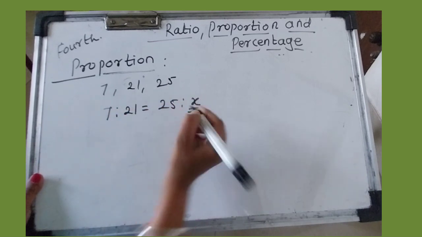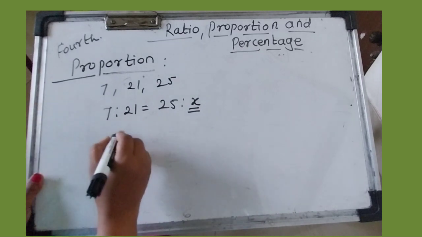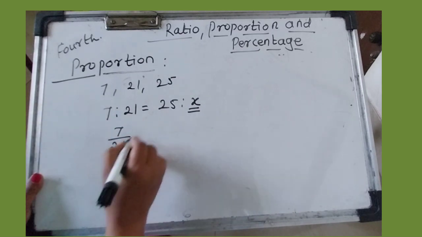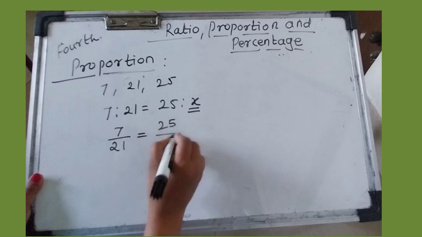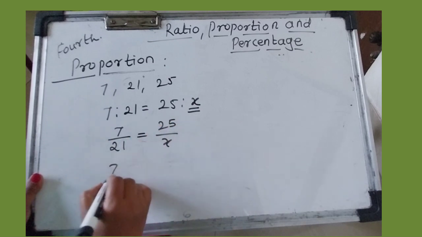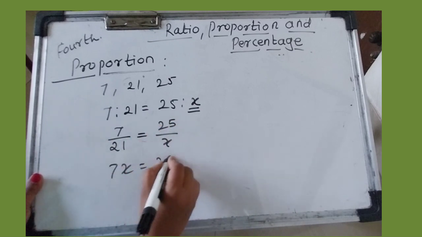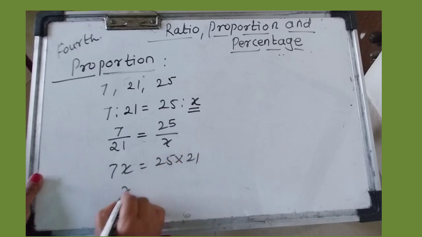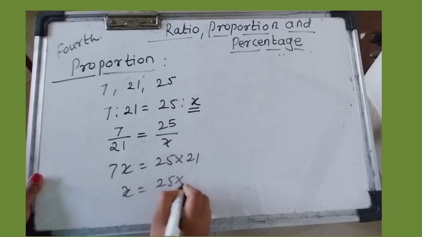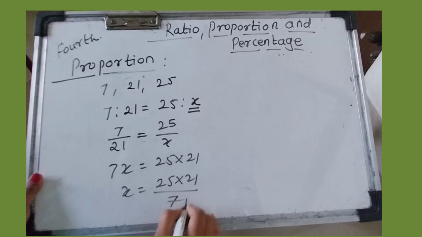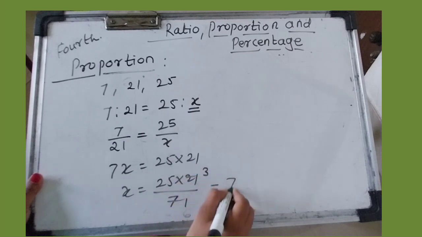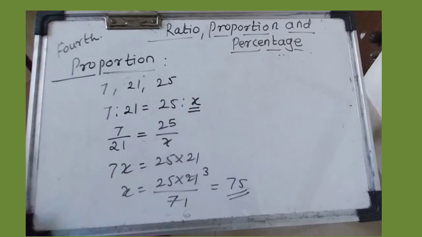I just assumed the fourth proportion is x. Now apply the rule. 7 upon 21 equal to 25 upon x. Take a cross multiplication. 7x equal to 25 into 21. x equal to 25 into 21 upon 7. So it is 75. Clear? So this is the fourth proportion.